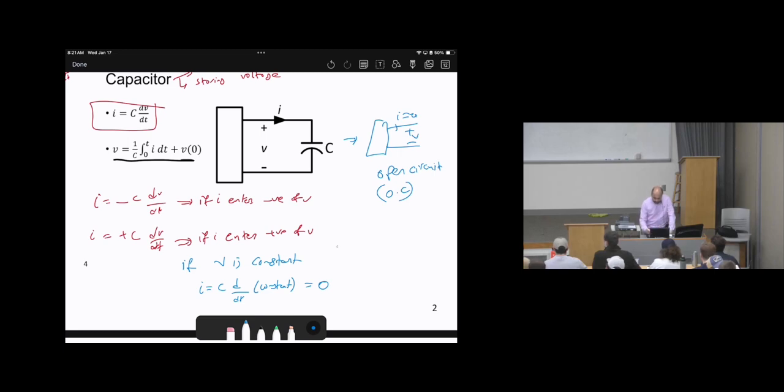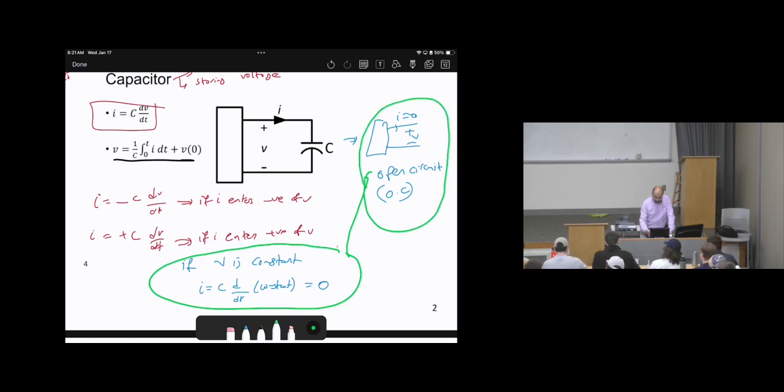Then this can happen if and only if in DC. DC, direct current, means constant voltage, constant currents. DC, again, we will discuss it later, but here it's worth mentioning that if the voltage is constant, then it will be open circuit. Or if in DC, the capacitor will be open circuit and the inductor will be short circuit.